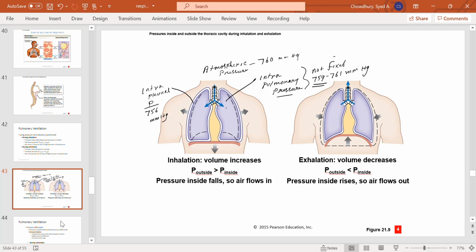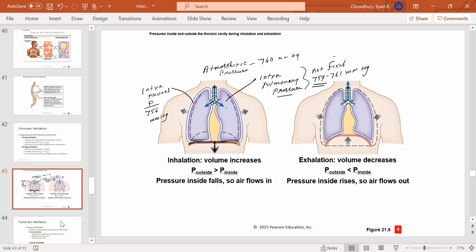Okay, so now you see when a signal goes from the brain to the diaphragm, you remember the base of your lungs sits or rests on the diaphragm that I mentioned before. So when a signal goes from the brain to the diaphragm via the phrenic nerve, the diaphragm contracts, and when the diaphragm contracts, the diaphragm moves which way?